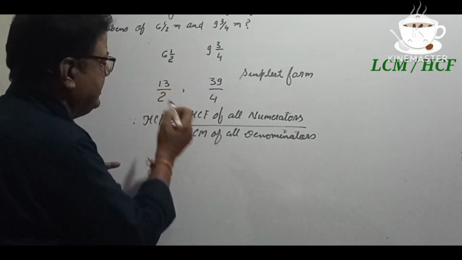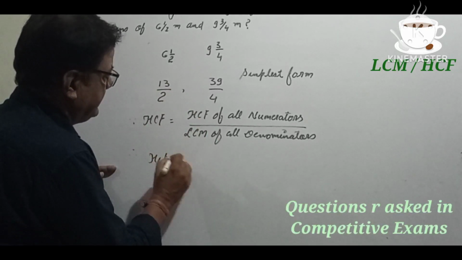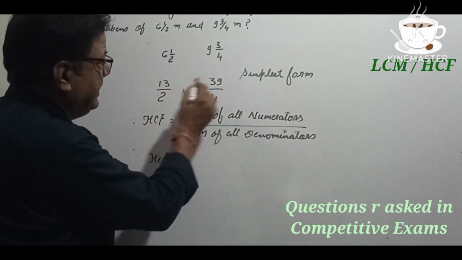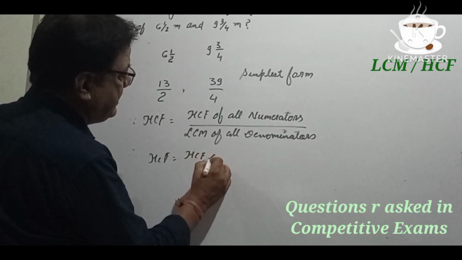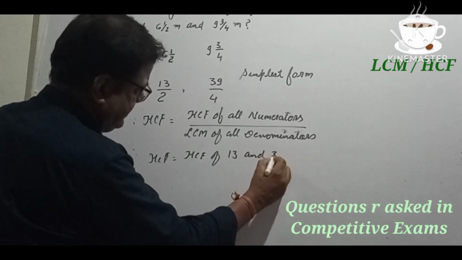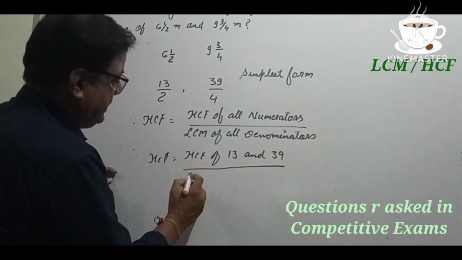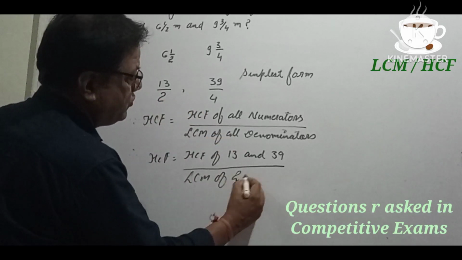We see there 13 and 39 as the numerators. Then we write here SCF of 13 and 39 upon LCM of 2 and 4.